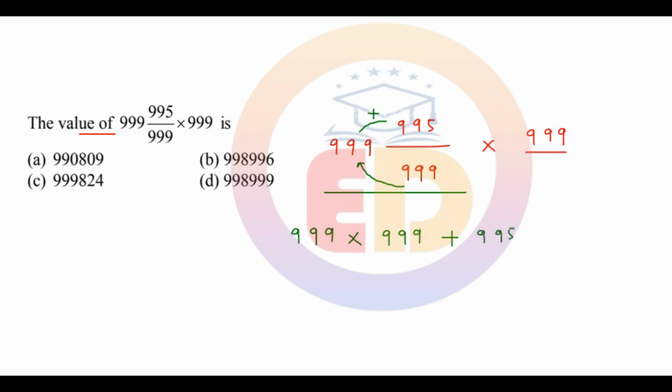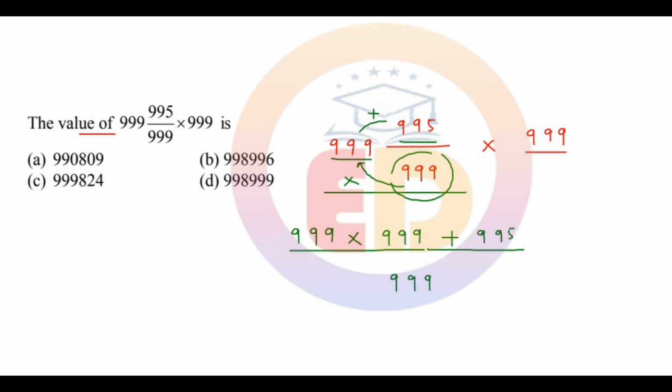So, to convert the mixed fraction to fraction, I will first multiply 999 into 999, and then I will add this 995. So my numerator will be 999 multiplied by 999 plus the numerator 995 upon my denominator will be same to same 999.